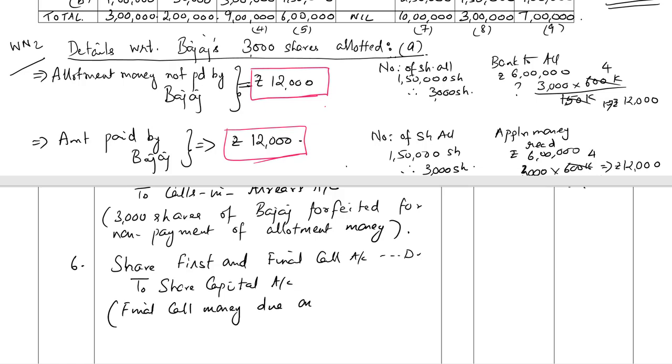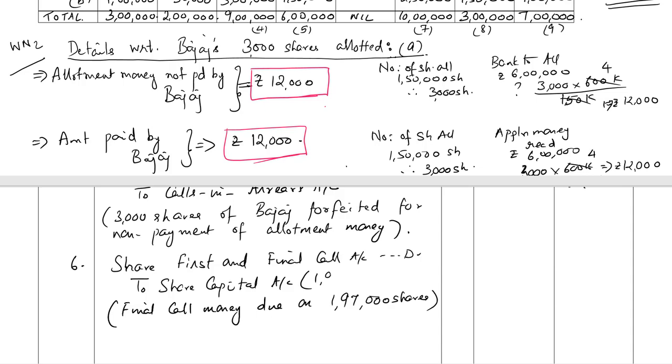The number of shares on which the final call money is due is the total number of shares, 2 lakh shares, minus Bajaj's 3,000 shares which have been forfeited. So it's 1,97,000 shares.